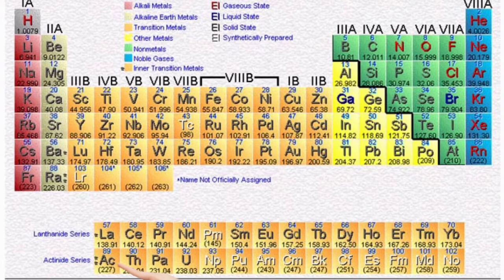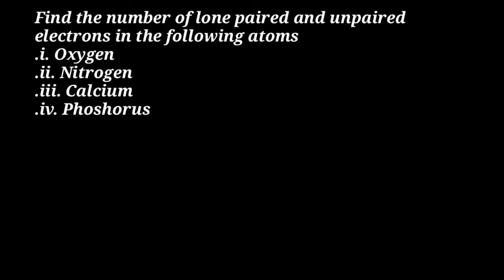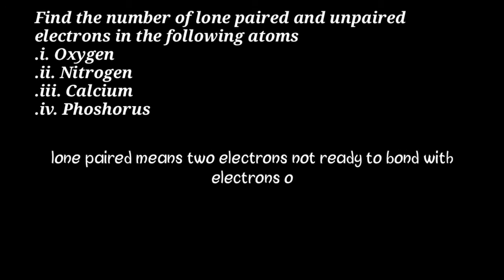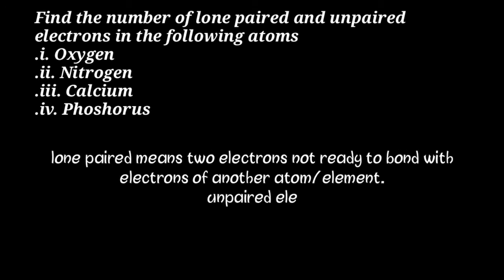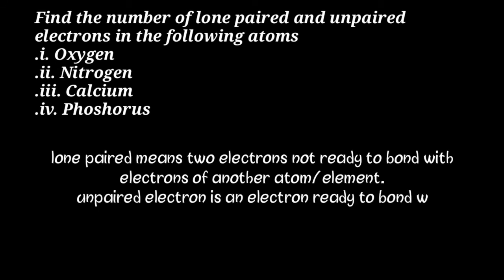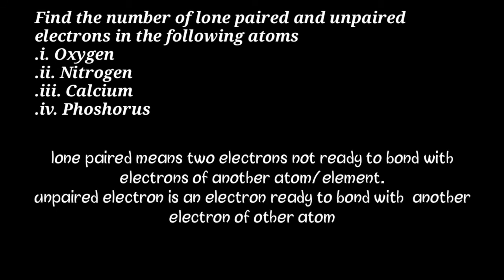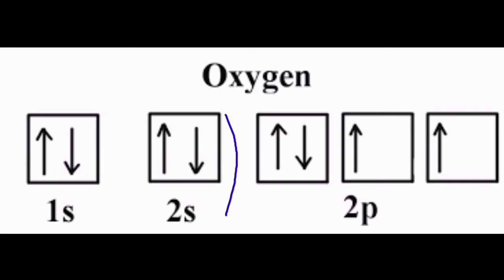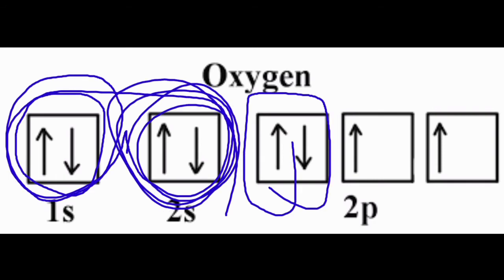Let us look at this other worked example. Find the number of lone paired and unpaired electrons in the following atoms: oxygen, nitrogen, calcium, and phosphorus. I want to use this to show you how to calculate unpaired electrons and lone paired electrons. Solution: for oxygen, the 1s is lone pair, that is in 2.